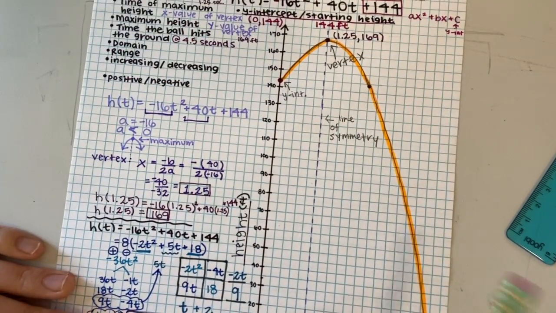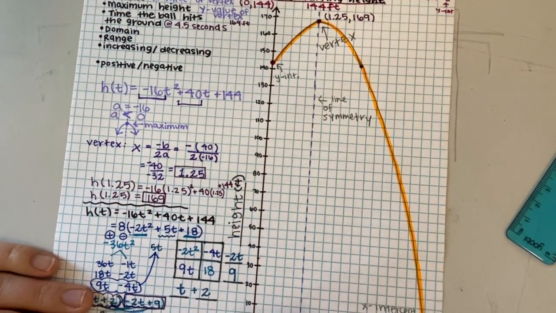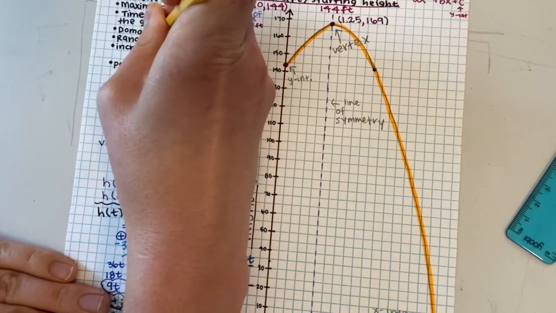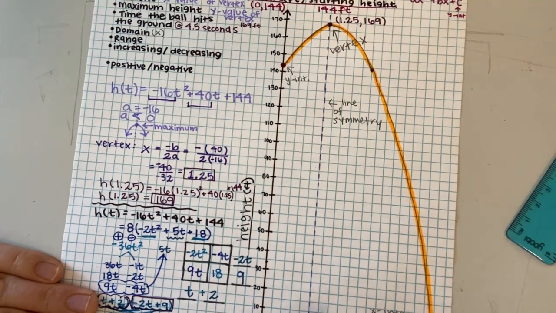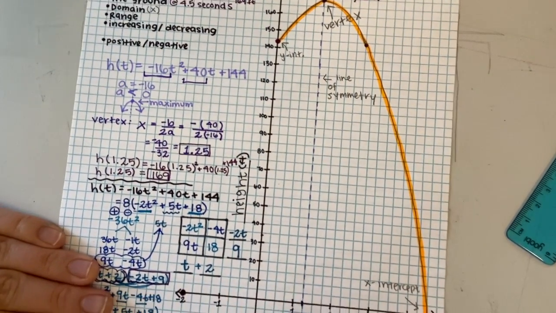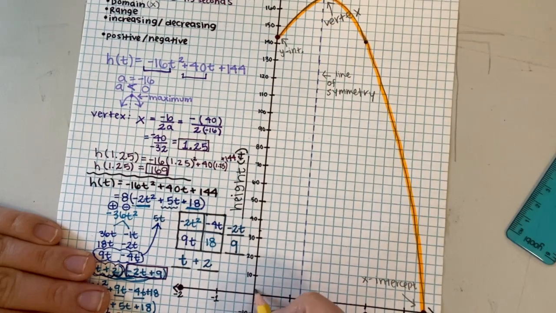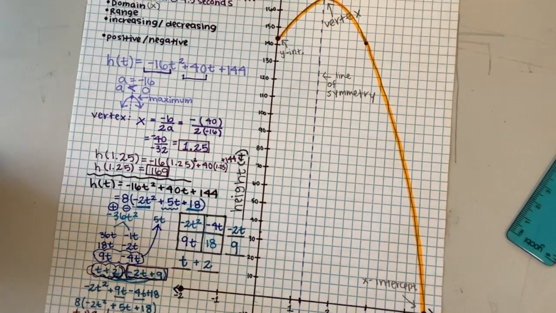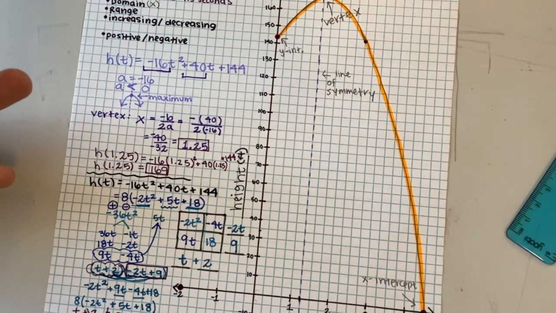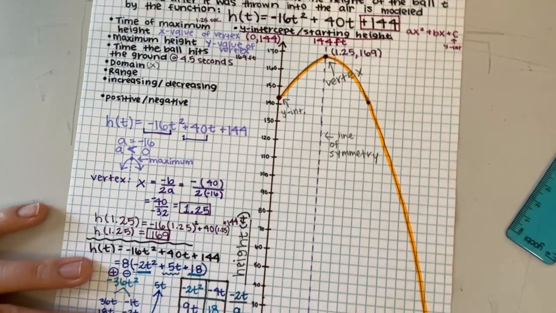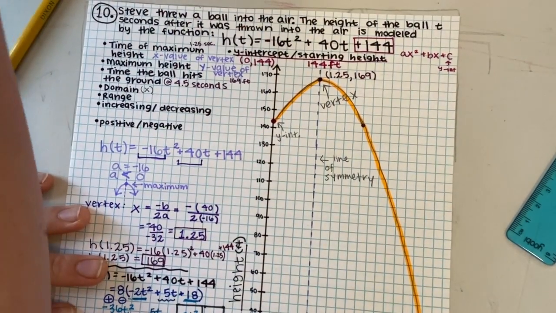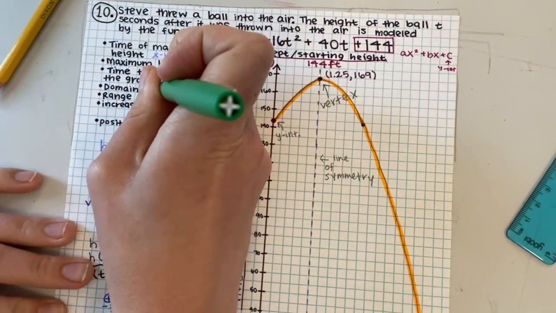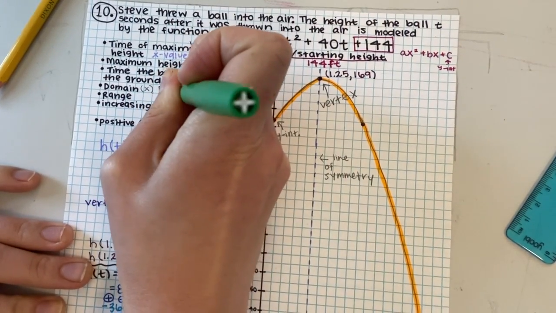So we know the domain of this in context, so domain is my x values. The only relevant x values in this equation are from 0, because our time is not going to be negative, all the way to 4.5. But after 4.5, it hits the ground and nothing is changing. So the domain in context of this problem is inclusive 0 to 4.5.